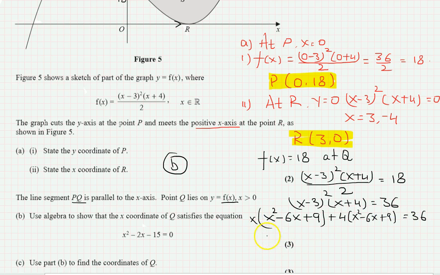So it will be x cubed, then 6x squared minus 6x squared, so it will be minus 2x squared minus 15x is equal to 0.